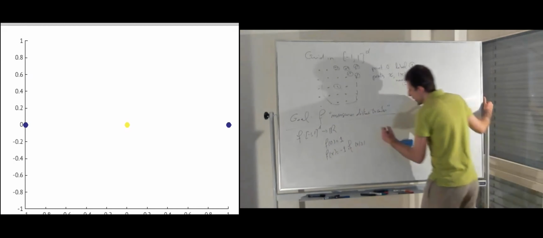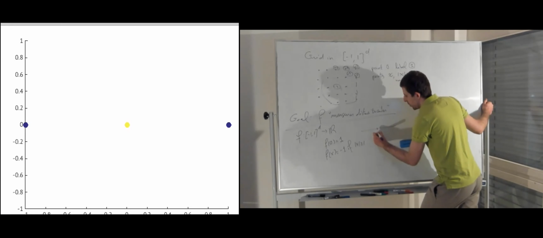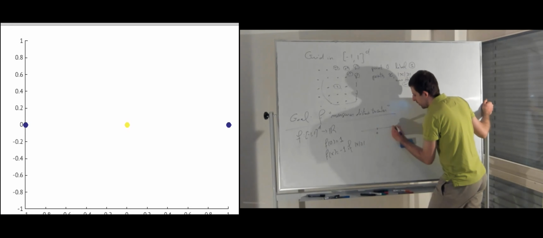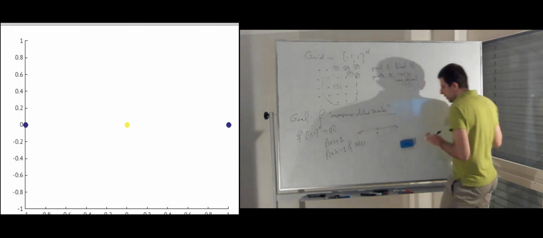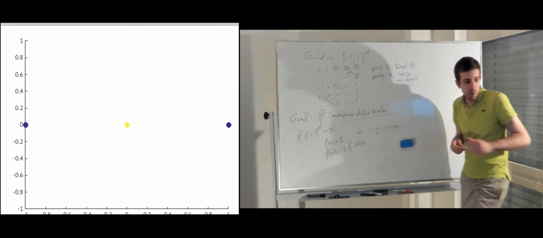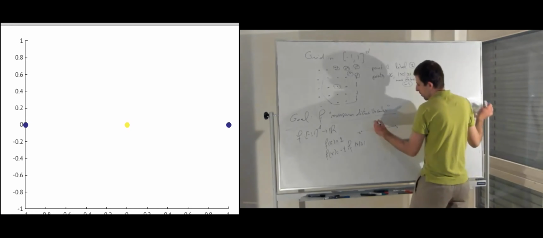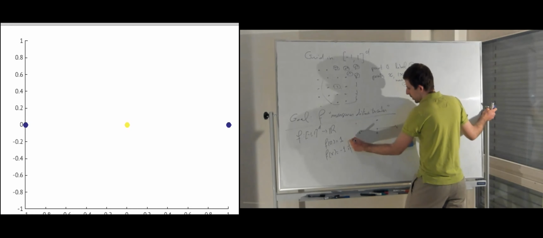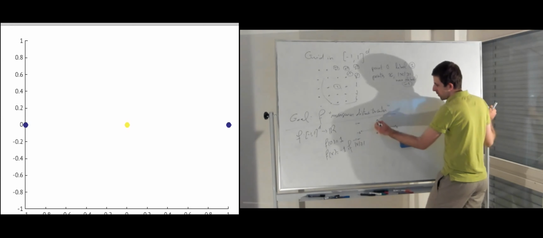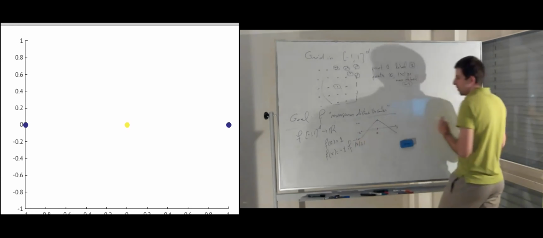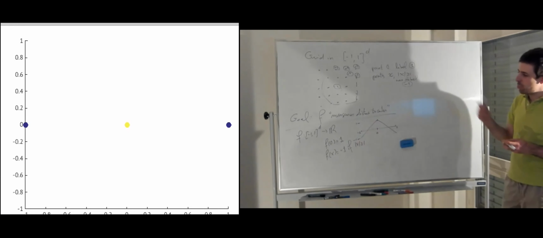If I think in 1 dimension, I have 0 here, and 1 and -1. The function I'm looking for is something maybe a bit of this type: I want it to be 1 here and then -1, something like this. This should be my function f.